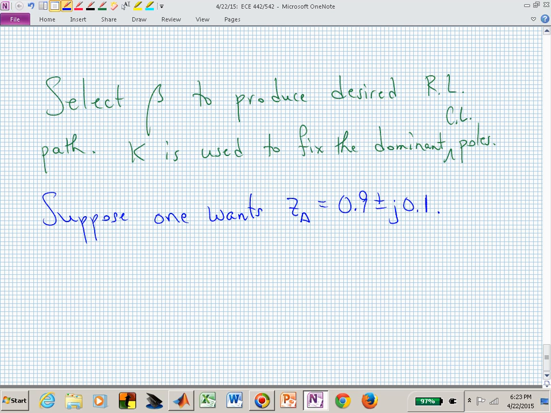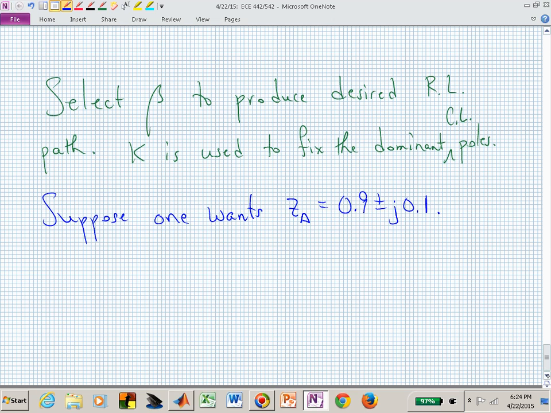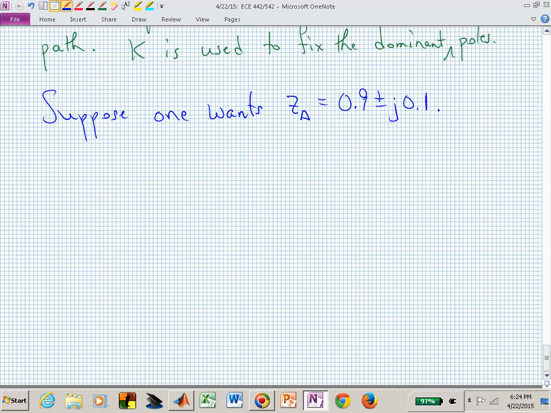Settling time, that tells you the radius. Percent overshoot, that tells you your logarithmic spiral. Peak time, that tells you the angle. All of those might play into where that z delta came from. I'm just now giving us that value, but it could have arisen from those different kinds of design or performance specifications.